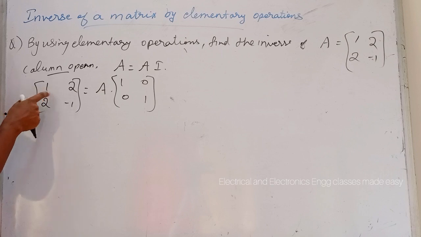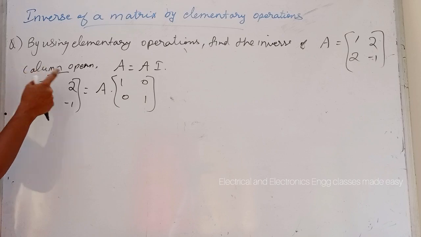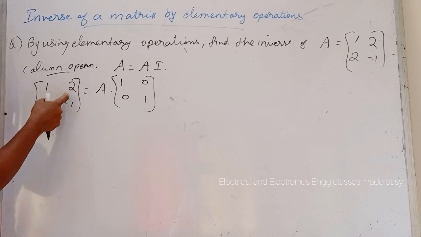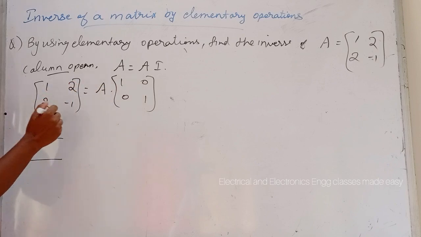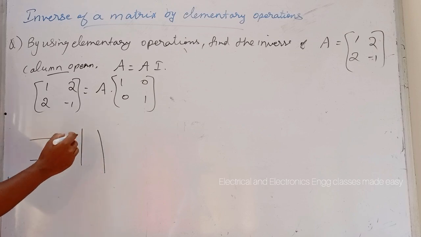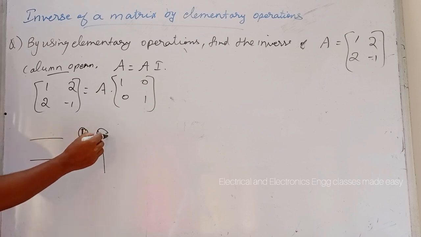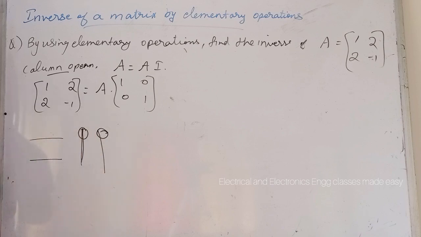So here first step is to make this column element 1 and then make the second column element 0, that is this one as 0. So in row operation we do like this, and here this is column operation. So first of all make the first element 1, then the second column element 0.